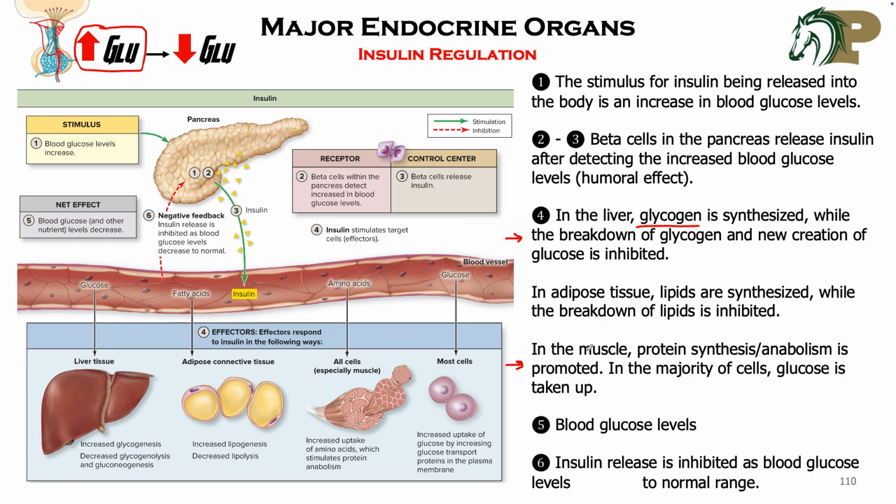The usage of glucose will happen essentially everywhere else. As a result of all this, that glucose being taken out of circulation and either being stored or used for energy, blood glucose levels are going to decrease. And then insulin release will be inhibited as blood glucose levels decrease to normal range.